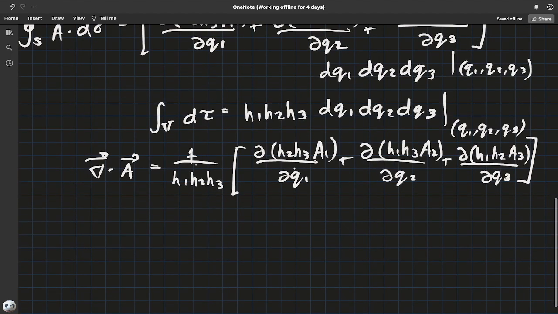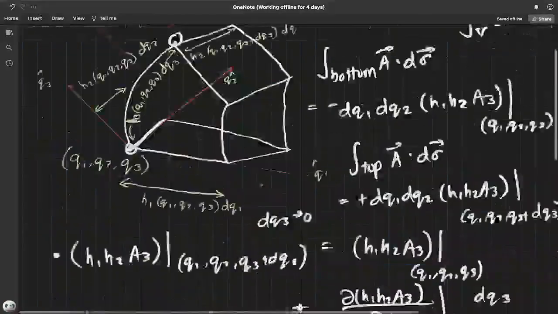So yup, that is your form for the divergence of some vector field A in a general curvilinear system. We can adopt a similar approach to find the curl.